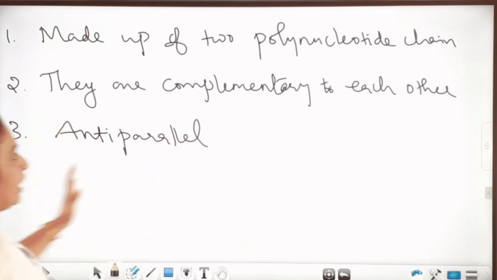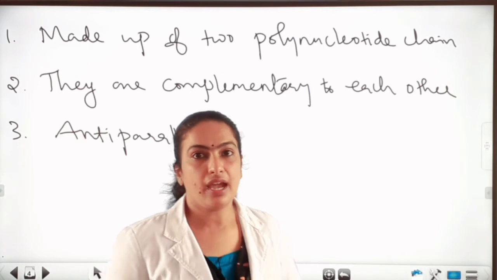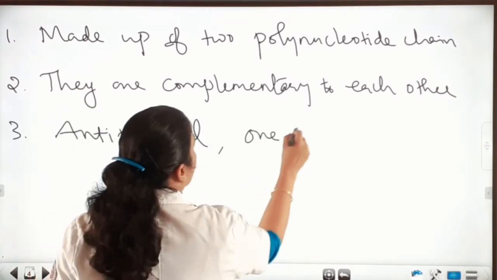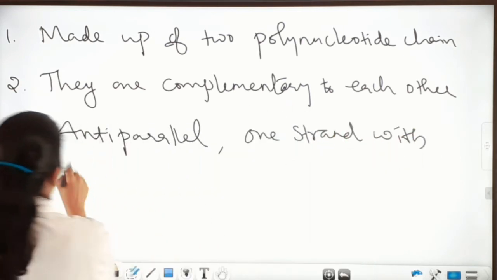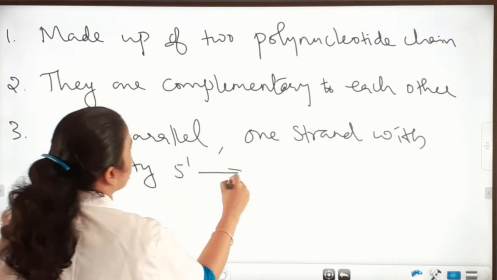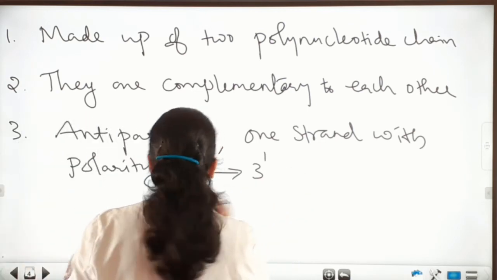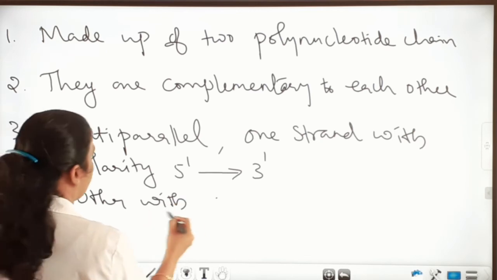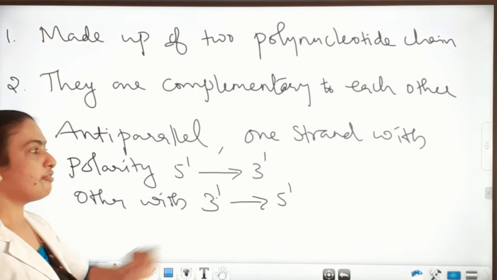That means there are two strands, they are helically twisted, and one strand has polarity 5 prime to 3 prime, and the other strand has 3 prime to 5 prime polarity.